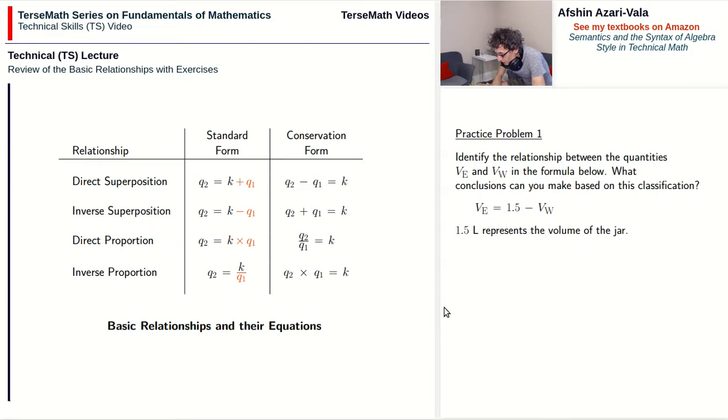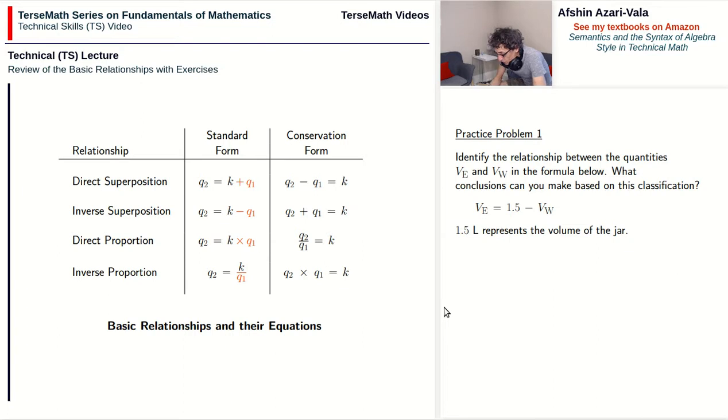Identify the relationship between the quantities, the empty volume, and the volume of water in the formula below. What conclusions can you make based on this classification? The empty volume is equal to 1.5 minus the volume of the water. 1.5 liters represents the volume of the jar. So the problem is that we have a jar.